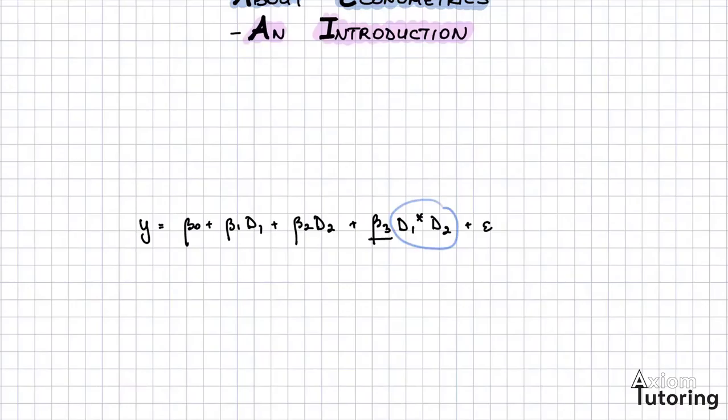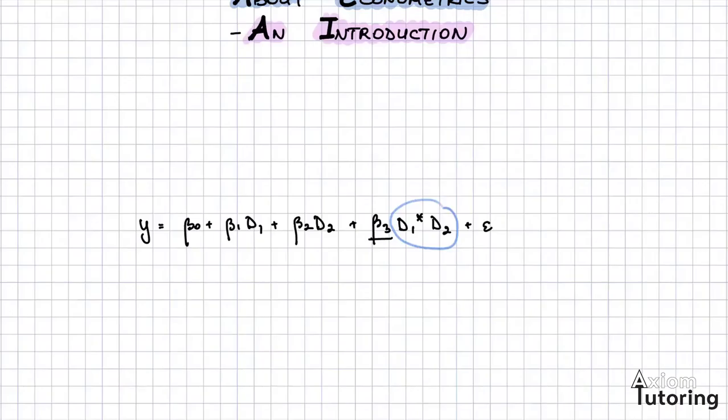Now, there is one mistake students make with interaction terms, and it's very easy to make this, especially when you think about how you have to apply this model in your software. Most of the time, this misconception comes because of how you have to do it in specific software out there.